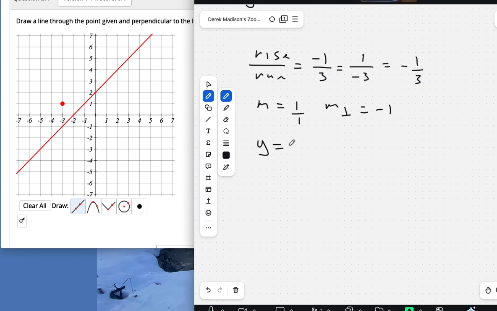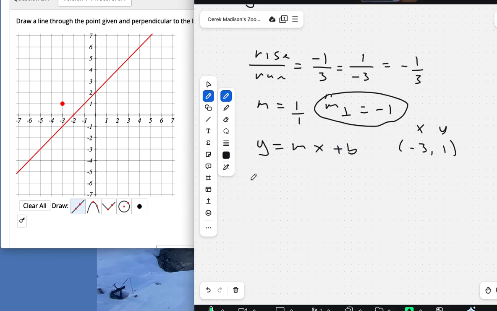If we do it analytically, y equals mx plus b. This point is negative 3 for x, and y is 1. So that's our x, y. And we know our slope right here. We can plug all that in and solve for b.